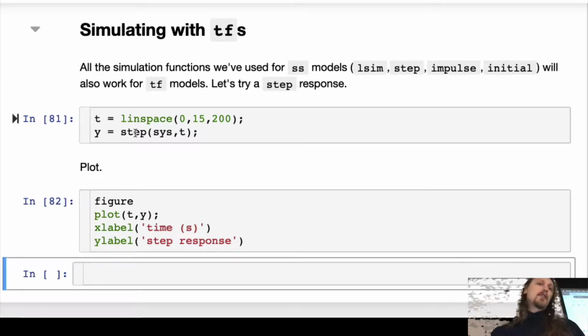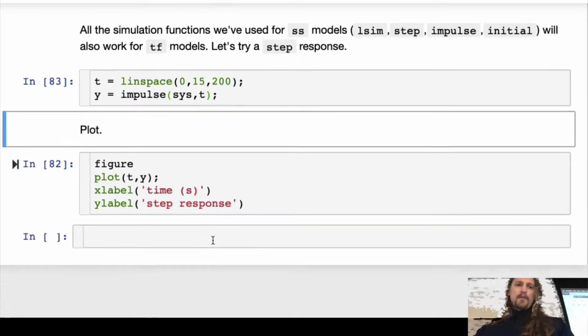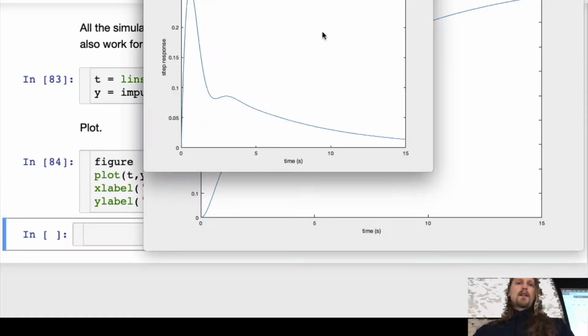Might be interesting, just for fun, to do the impulse response, which is the response to a unit impulse input, so the direct delta function. That one's super fun, right?